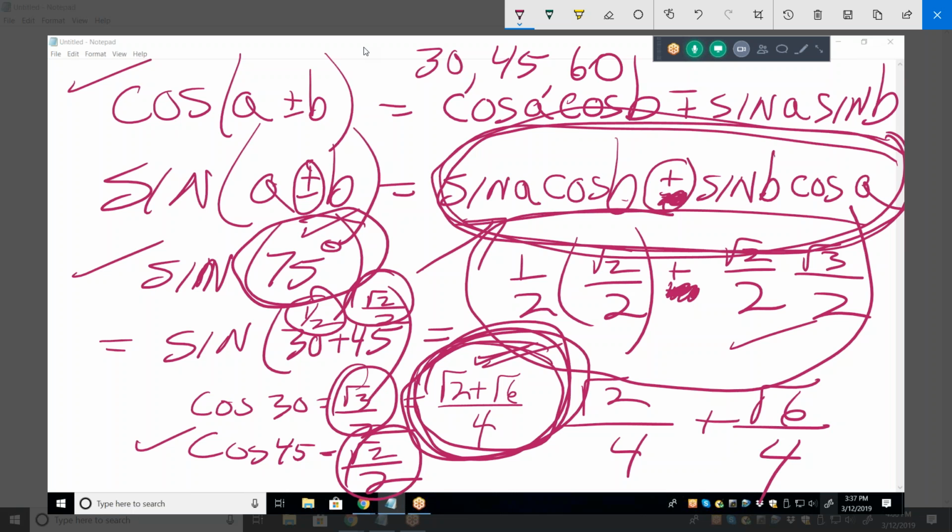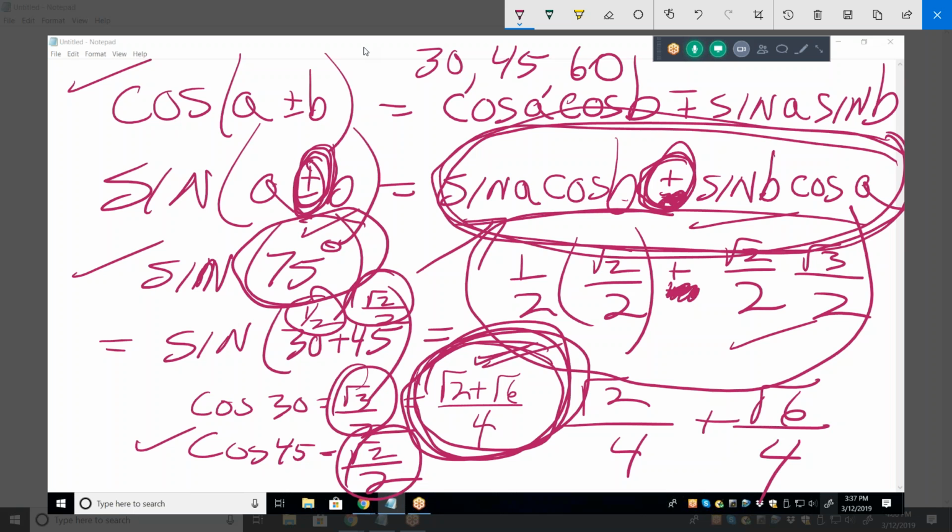As you can see, why? Because you're multiplying sine times cosine, and then sine of the other angle times cosine. That ends up producing a root 6 and a root 2, very, very frequently. Now, the one thing you have to be a little careful of, well, actually you don't. As long as you follow this religiously, in other words, if it starts out plus or minus, then it ends up plus or minus. And in our case, it was plus because we used 30 and 45.